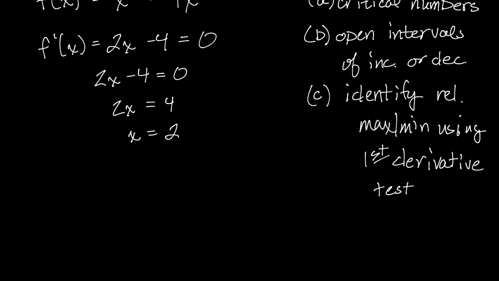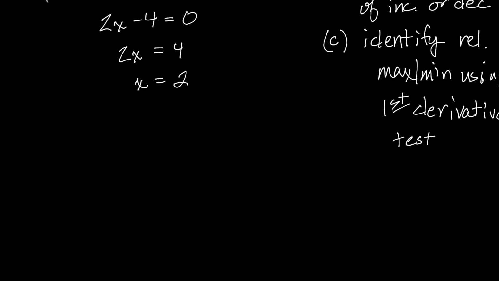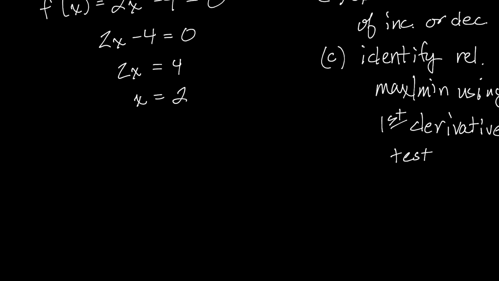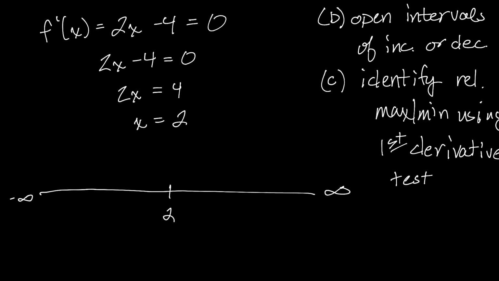The first thing that I always have students do is draw yourself a number line. Somewhere on that number line, you're going to have the number 2. This side goes towards infinity, and this side goes towards negative infinity. Now we want to pick our favorite number that's less than 2, like maybe 0.